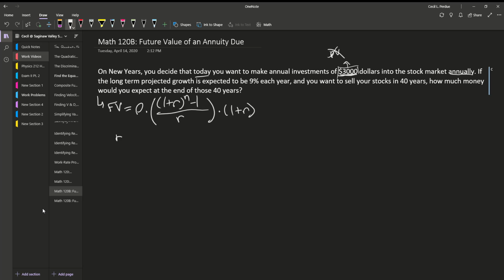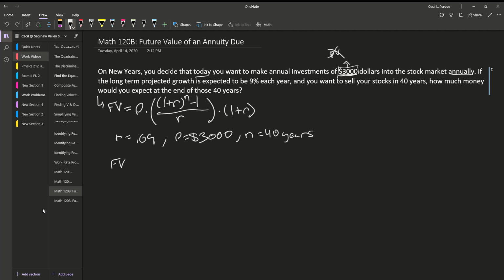We know that r is equal to 0.09. We know that P is equal to $3,000, and then we know that N is equal to 40 years.